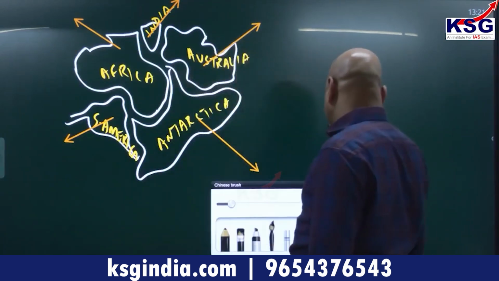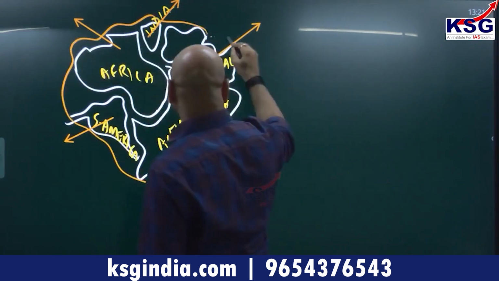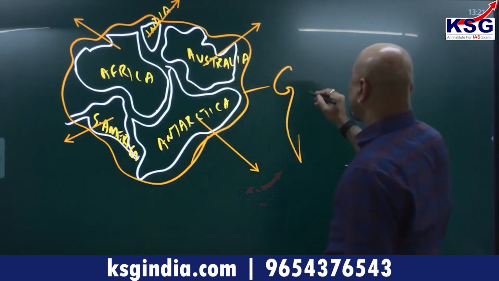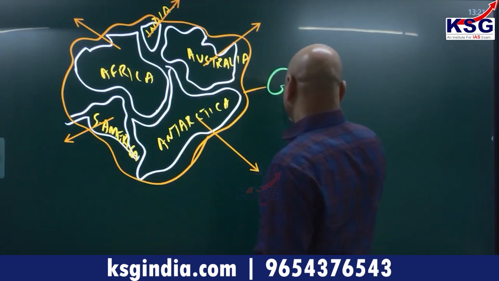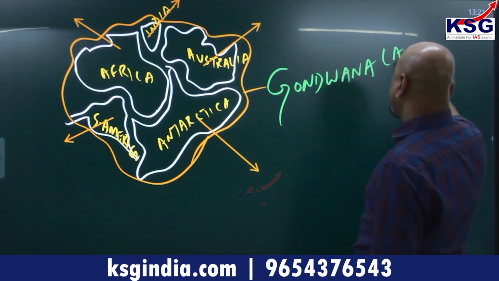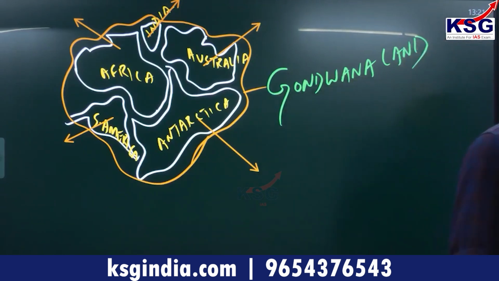All these combined were the zone of what? This was Gondwana land. They got split up like this into different continental parts subsequently.